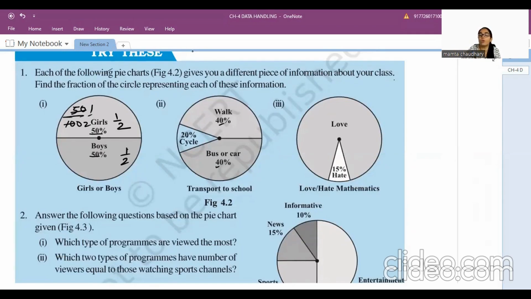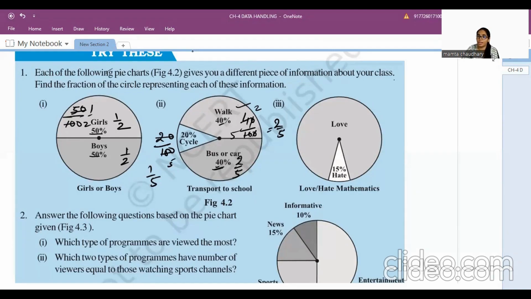So for walk, if I want to know the fraction, 40/100. 2 fours are 8, sorry, 2 twos are 4 and 2 fives are 10. That is 2/5 portion. Children are coming by walk. Here also 40%, that is 2/5 portion. Here 20%, so 20/100. 20 ones are 20, 20 fives are 100. So it is 1/5 of the children who are coming to school by cycle.